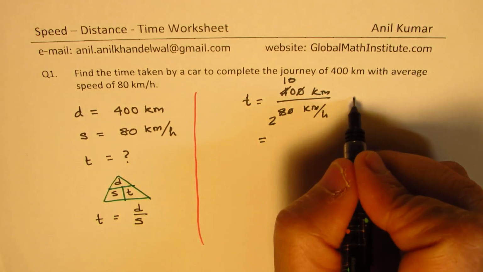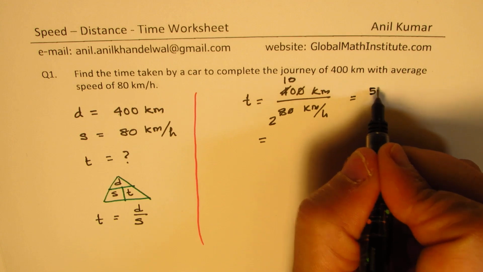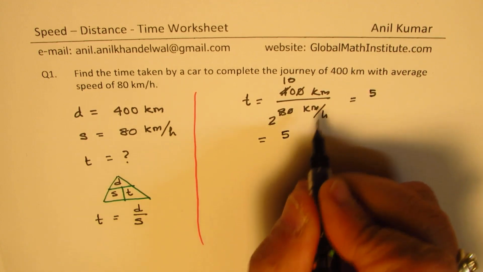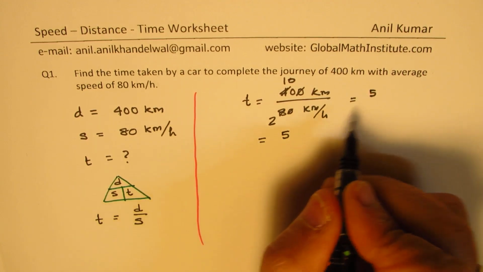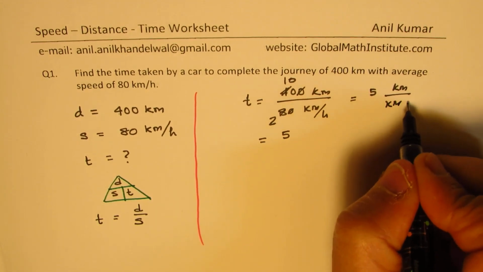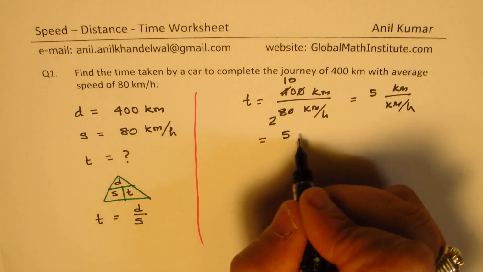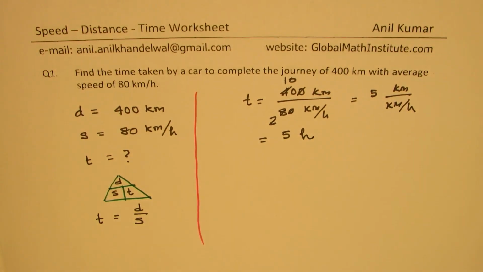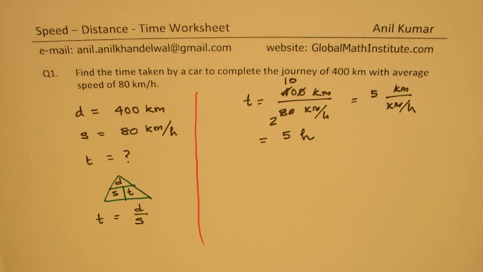And dividing 10 by 2, we get 5. The units, kilometer, kilometer cancel, right? So it is kilometers over kilometers per hour. So we get 5 hours. Does it make sense to you? Right? So a 400 kilometer distance will be covered in 5 hours.